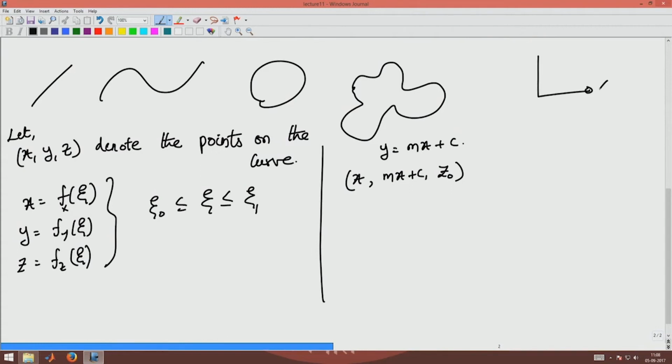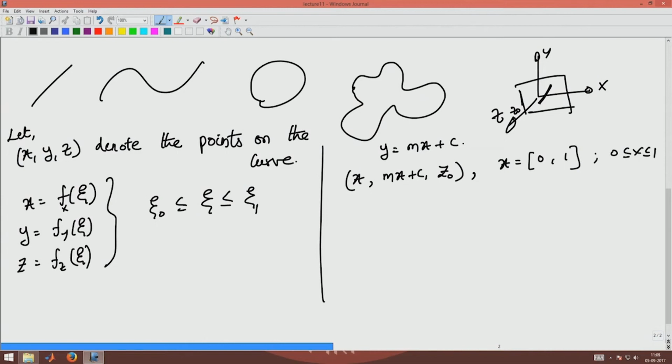If you take x, y as this and z as z naught, you have this straight line here which is y equal to mx plus c. Here x will vary between say 0 to 1, or 0 less than x less than or equal to 1.